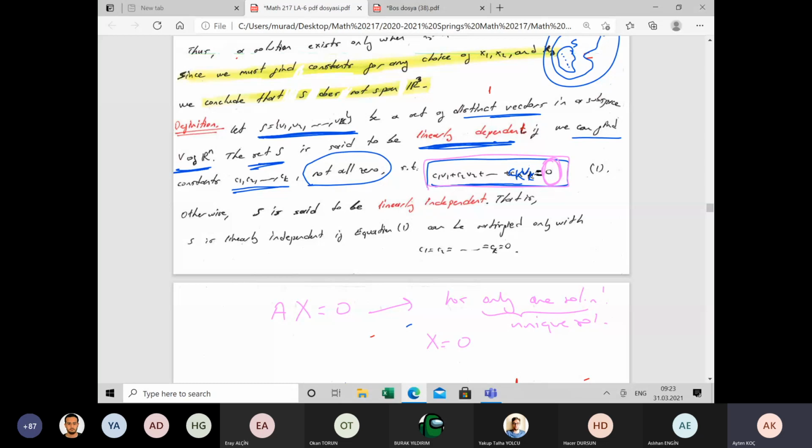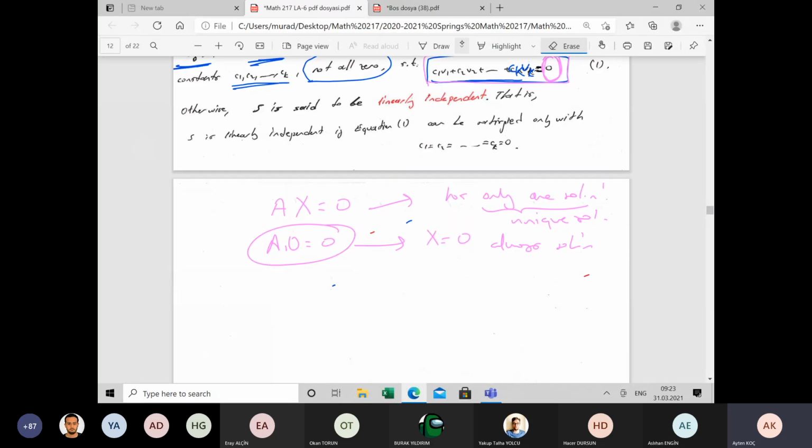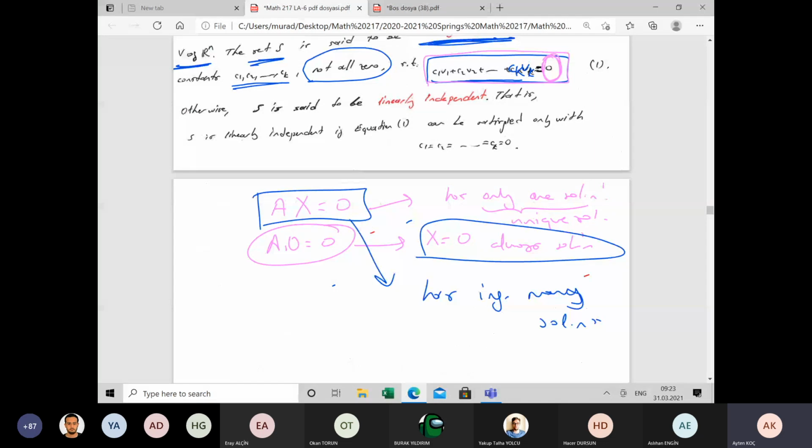We have two cases. We know that x equal to 0 is always a solution, called the trivial solution, and the question is to determine whether this system has a non-trivial solution or not. The trivial solution means c1 is 0, c2 is 0, up to ck is 0. If this is the unique solution, we can say that the set is linearly independent: c1, c2, up to ck are 0 only.